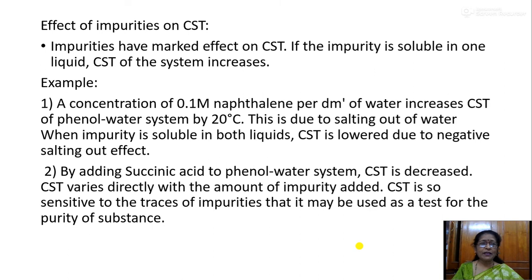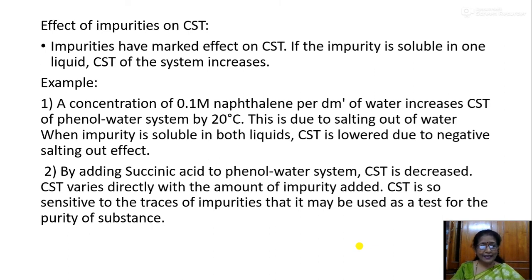These are all the examples. A concentration of 0.1 molar naphthalene per dm cube of water increases the CST of the phenol water system by 20 degrees centigrade. See, you are adding only 0.1 molar naphthalene, and there is an increase of 20 degrees centigrade due to salting out of water. When the impurity is soluble in both the liquids, the CST will be lowered due to the negative salting out effect.